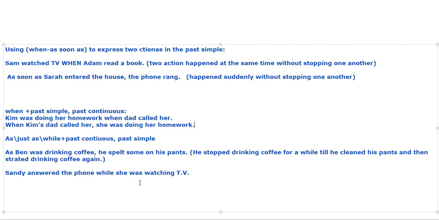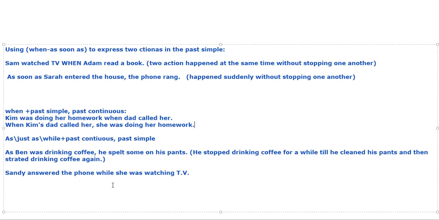Sandy answered the phone while she was watching TV. When we use the linker between the two statements, there is no need for a comma. Once we use the linker, whatever it is, we get the tense that is supposed to come directly after it.